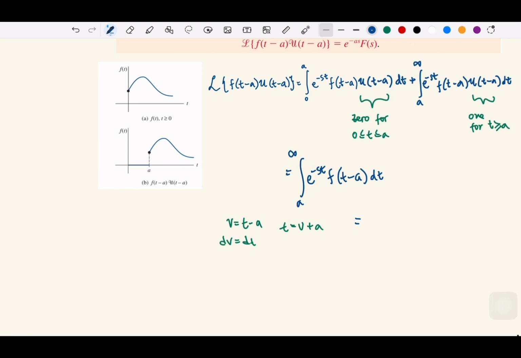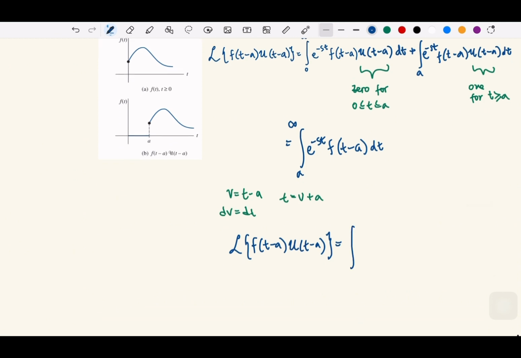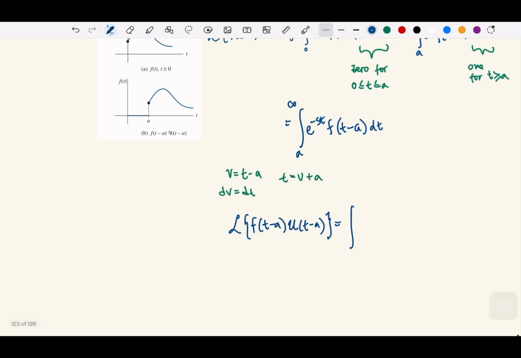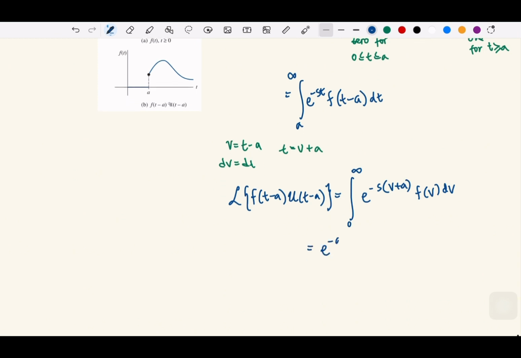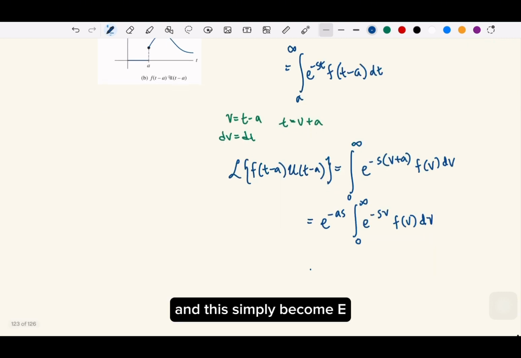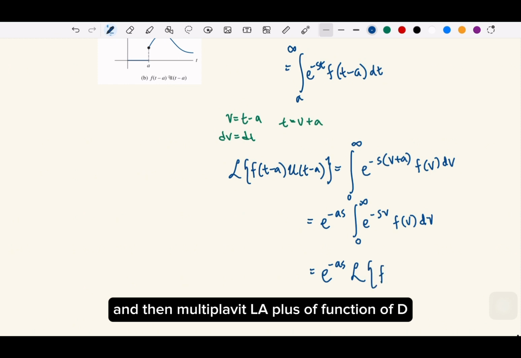Let me write here, so Laplace of this simply becomes e to the power of negative as, and then multiplied with Laplace of the function of t.